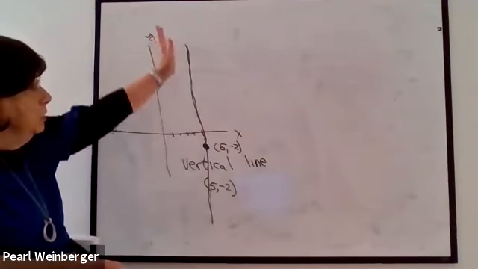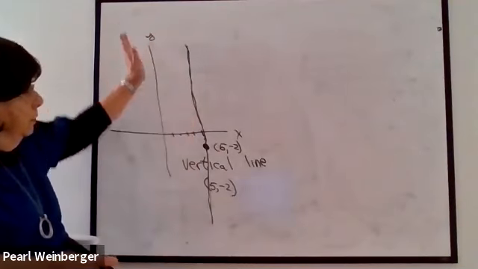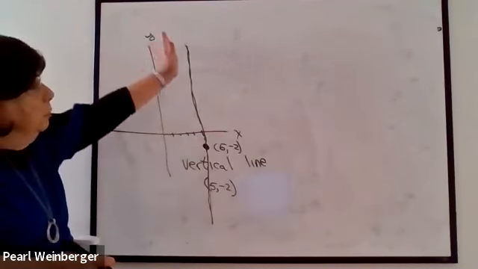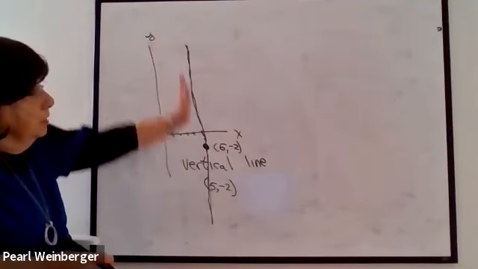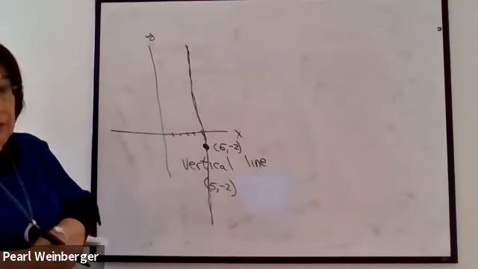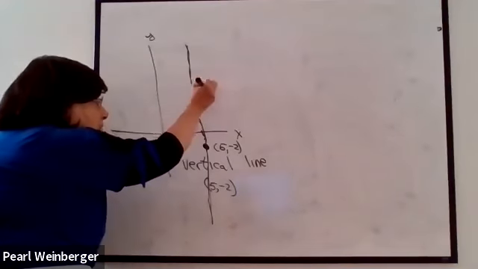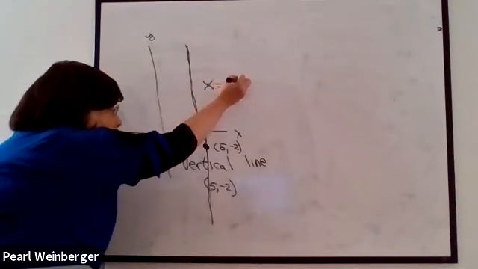But all those lines, parallel to the y-axis or perpendicular to the x-axis, are what we call vertical lines, lines that go straight up and down. And the equation of such a line is always x equals some number.